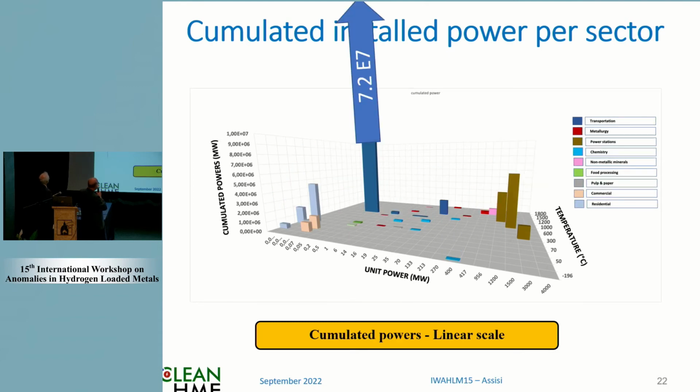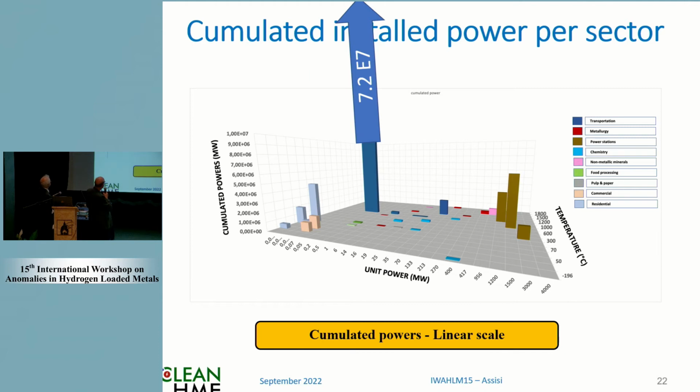But if you show with a linear scale the cumulated power in terms of automobiles, refrigerators, water heaters, nuclear power stations, and things like that, you get this figure. It's incredible to see that this number of cars goes up to the sky.